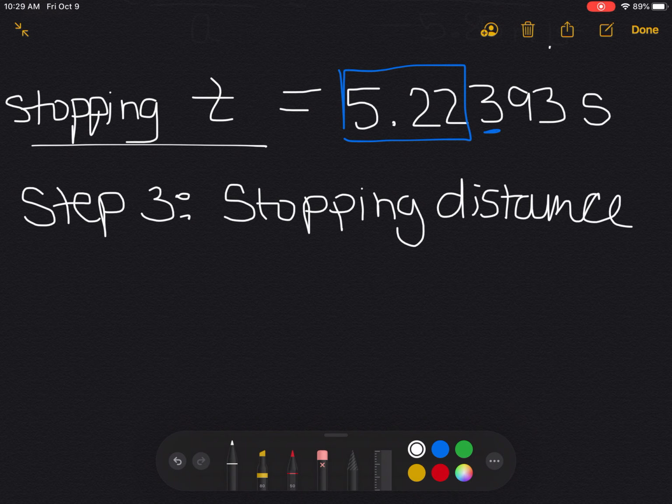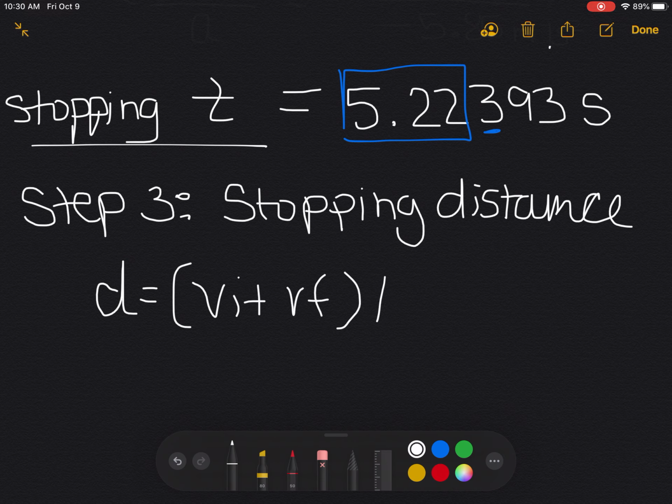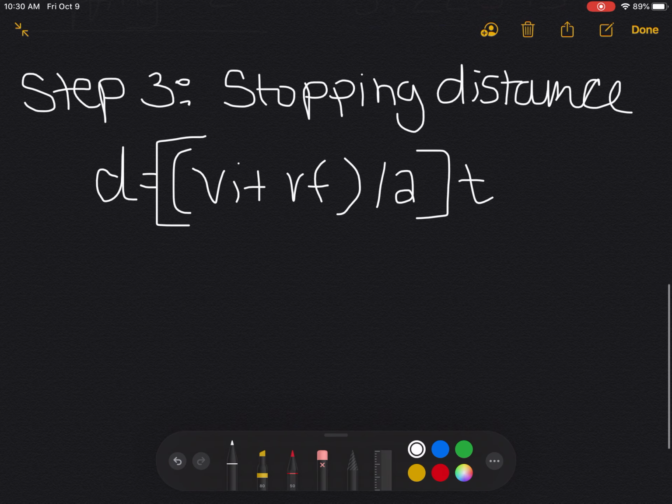All right, so to figure out our stopping distance, we are going to use d is equal to vi plus vf, divided by 2, and then this is all times t. All right, so we've got to figure out stuff inside the brackets and work our way out. So let's do this. This will be our second last step.